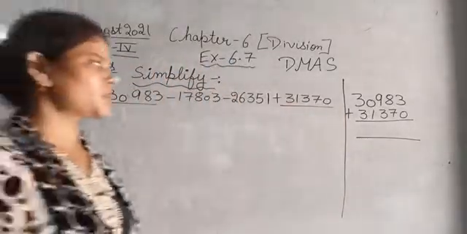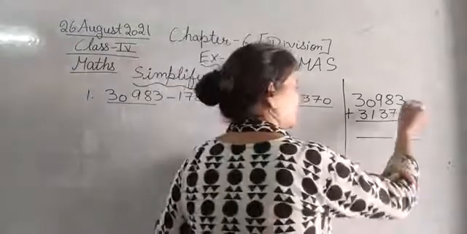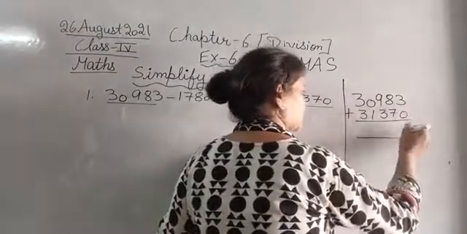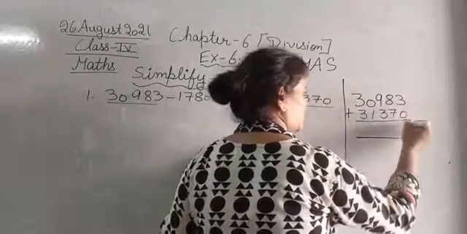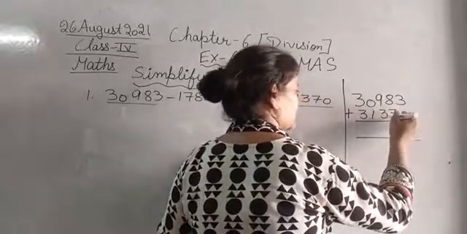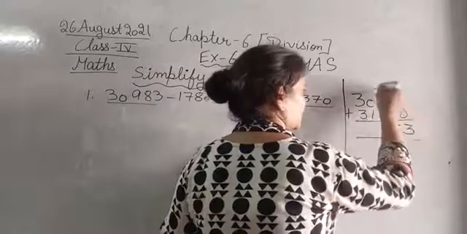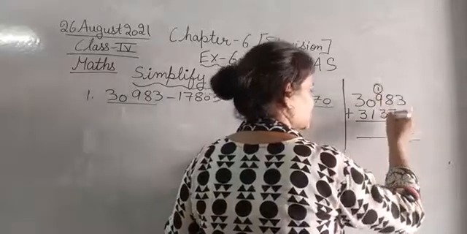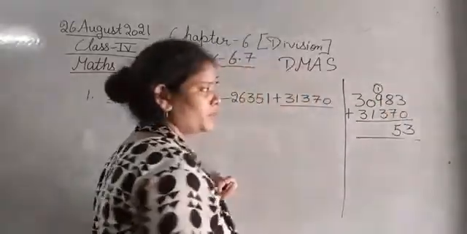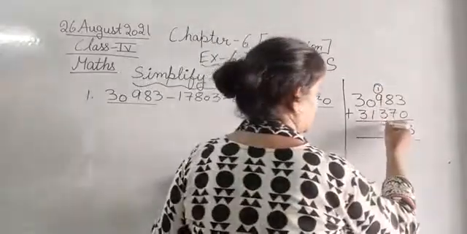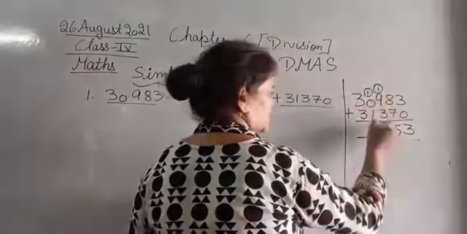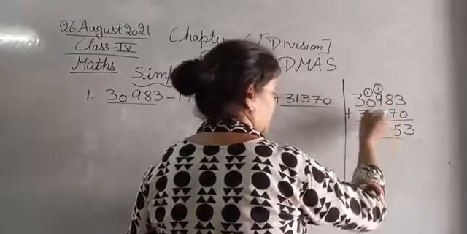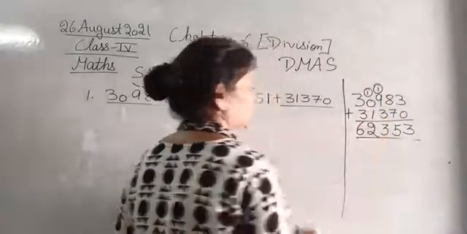Okay, so let's add. 3 plus 0, 3, sorry, not minus, it's not subtraction, it's addition. 3 plus 0, 3. 8 plus 7, 15. 9 plus 3, 12, plus 1, 13. 0 plus 1, 1 plus 1, this is 2. 3 plus 3, 6.